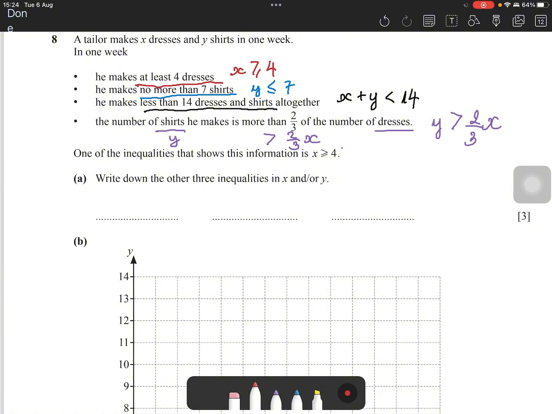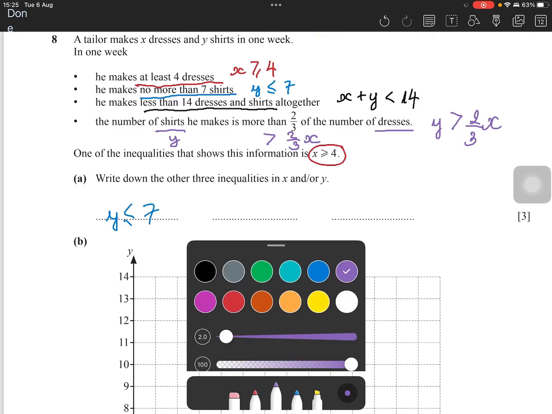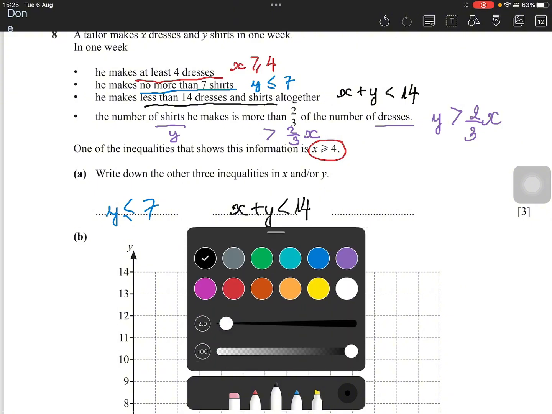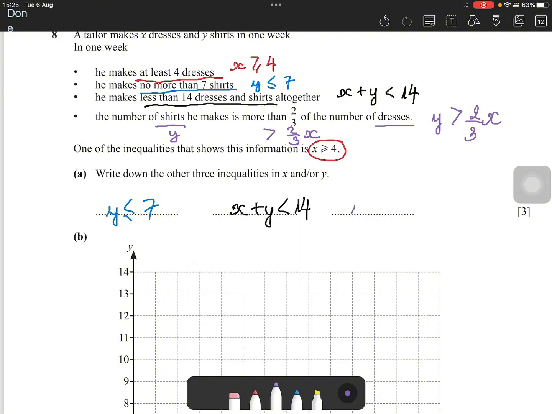The first one is given, X is greater than or equal to 4. The second is Y is less than or equal to 7. The third is X plus Y smaller than 14. And the last one is Y greater than 2/3 of X.